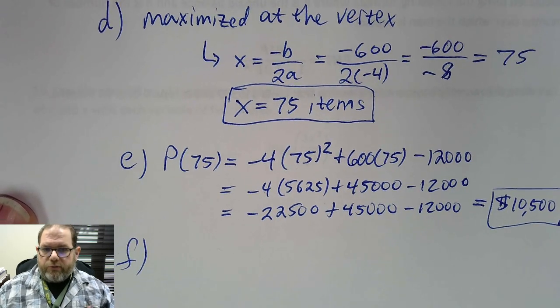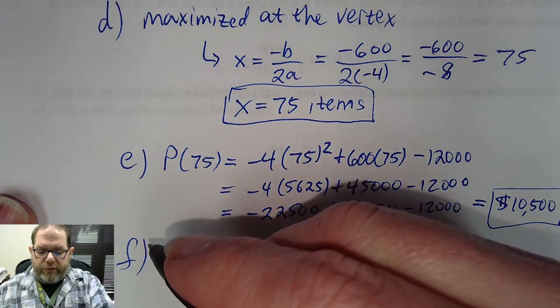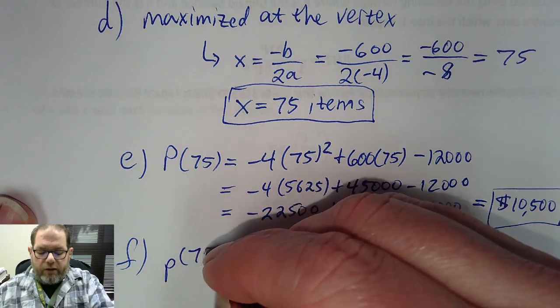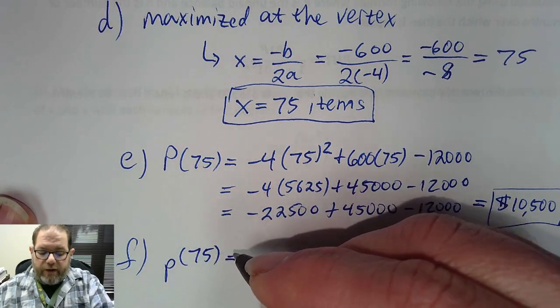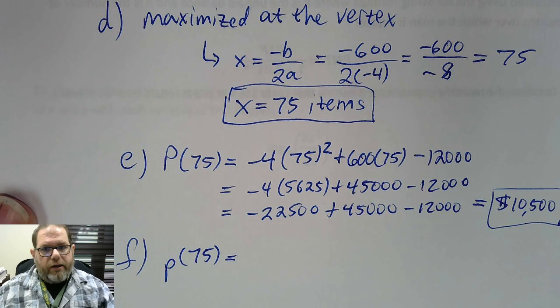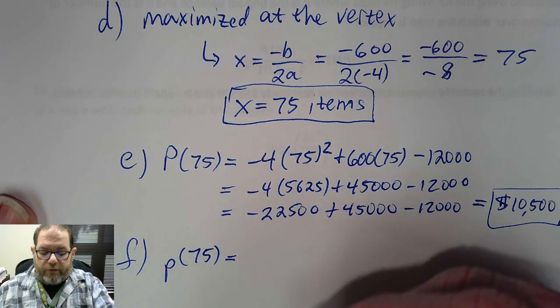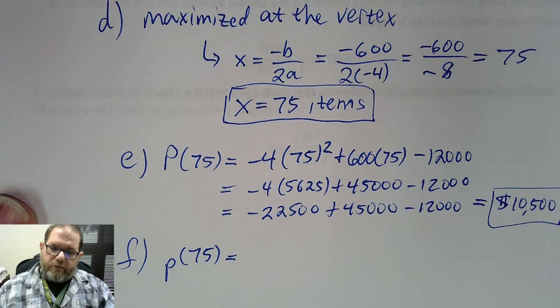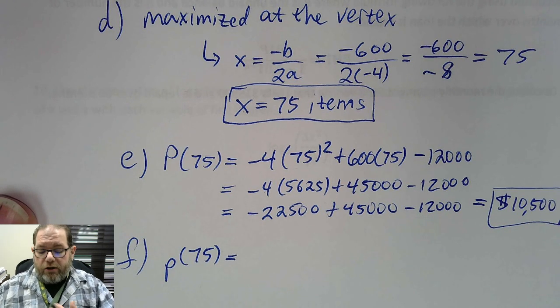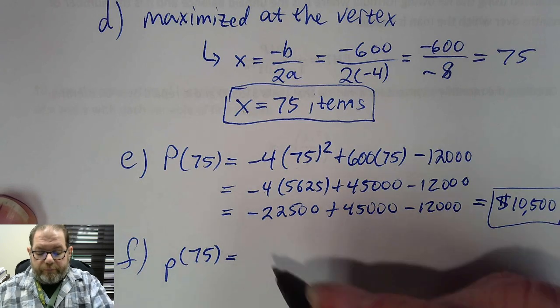And so the question is, how much do we need to charge now? Well, we take that same 75 we used in part E, in profit, and plug it into our price formula, because this will tell us, if we want to sell 75 items, this is the price that we should sell according to our demand equation.